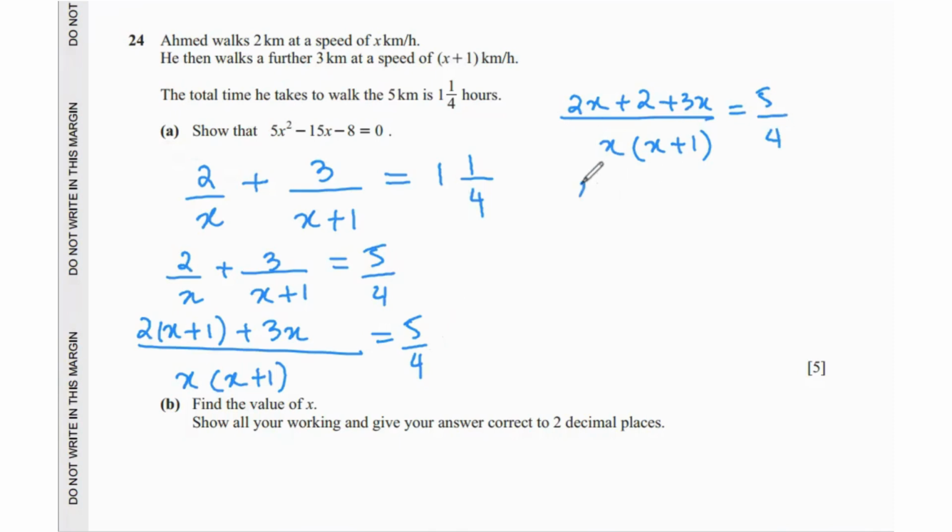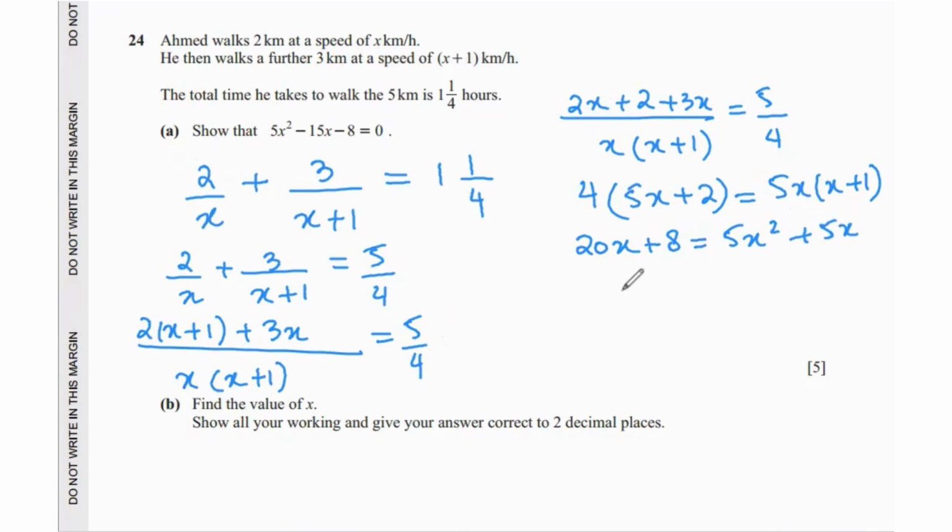Cross multiply: 4 times 5x plus 2, I collected the like terms, equals 5x times x plus 1. 20x plus 8 equals 5x squared plus 5x. Bring all of the terms to one side: 5x squared minus 20x plus 5x minus 8, which is 5x squared minus 15x minus 8. That is the equation as shown in the question.